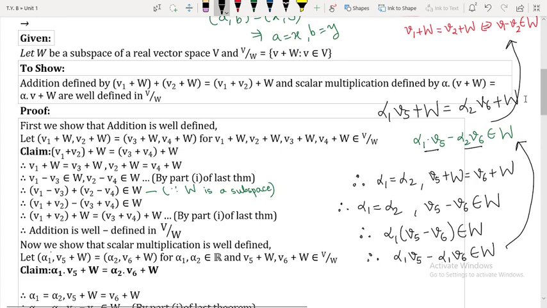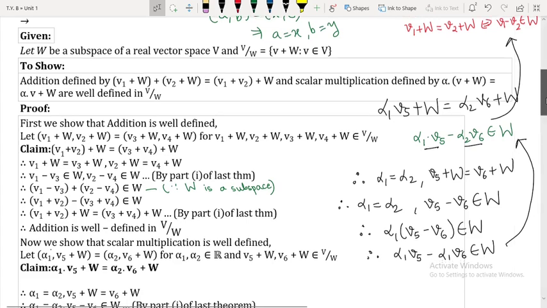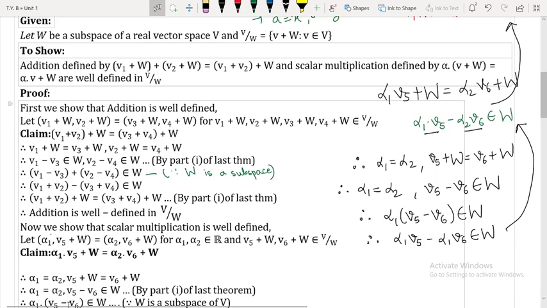So alpha 1 is equal to alpha 2, and this is happening since this is true, and in the next step V5 minus V6 belongs to W, again by part 1 of the last theorem.